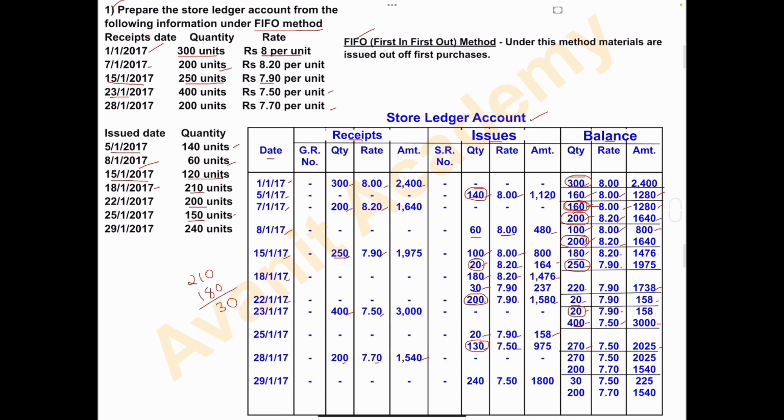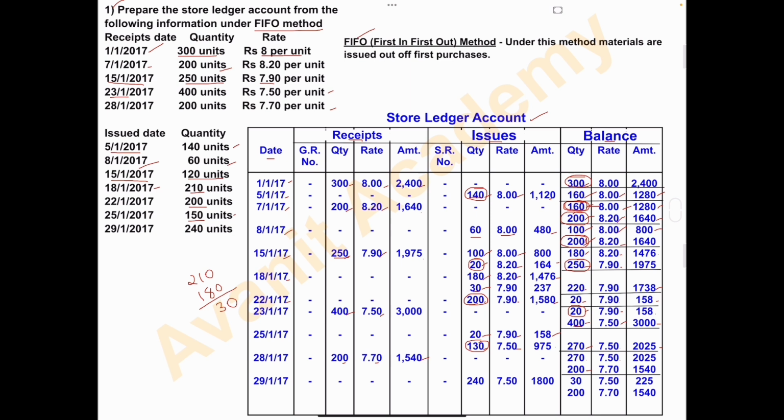Issues nil. First we'll take the previous balance, that is 270 units at rupees 7.50 and the total amount is 2025. And we'll add the recent purchase, that is 200 units at rupees 7.70 and the total amount is 1540. Right? Close this.